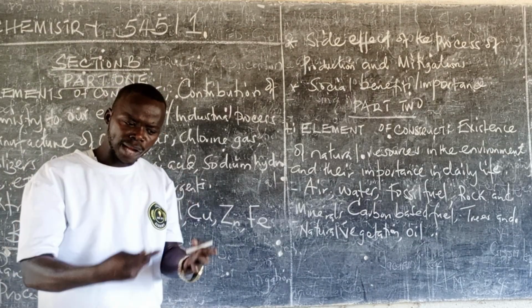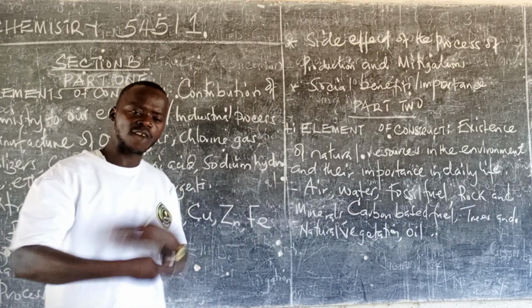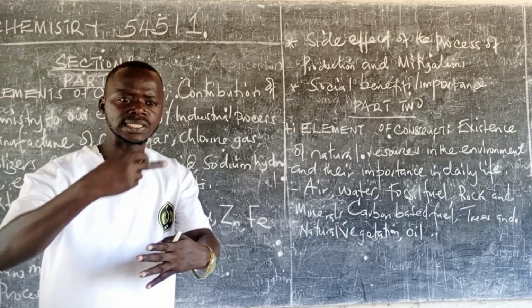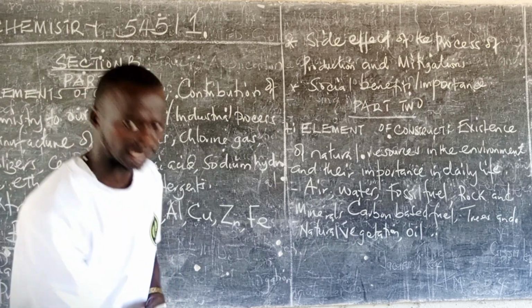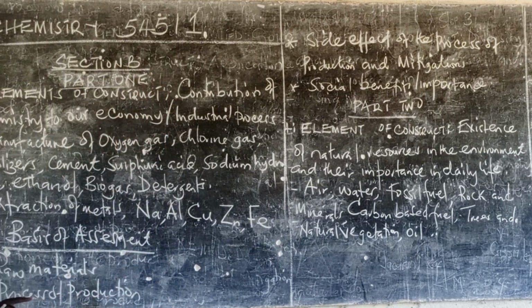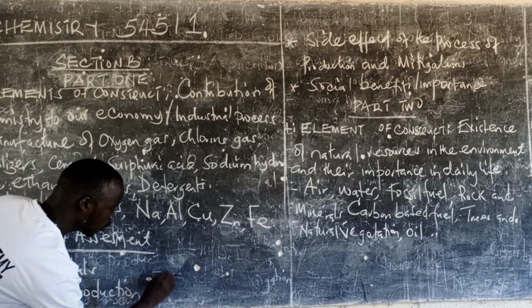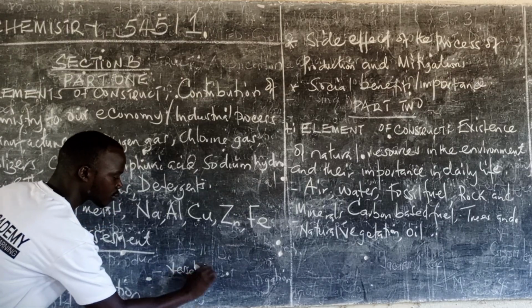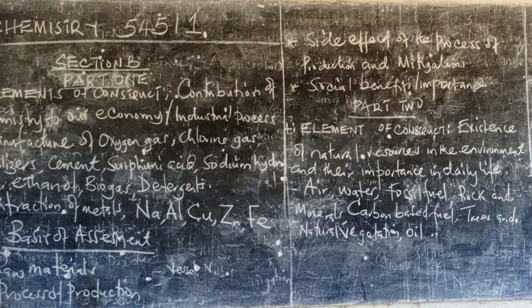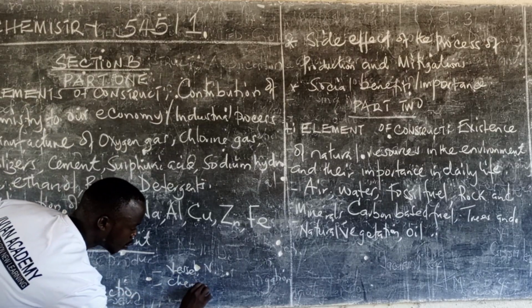And then, for the product to be formed, especially the major product, the reactants must have undergone different stages or different chemical reactions to come up with the final product. So this is what we call the process of production. We talk about the vessel to be used, and then the chemical process.